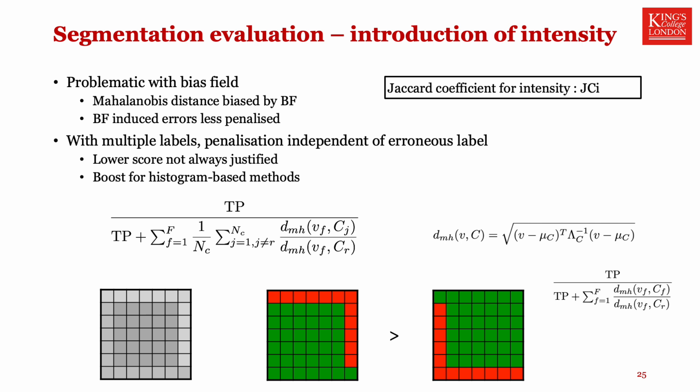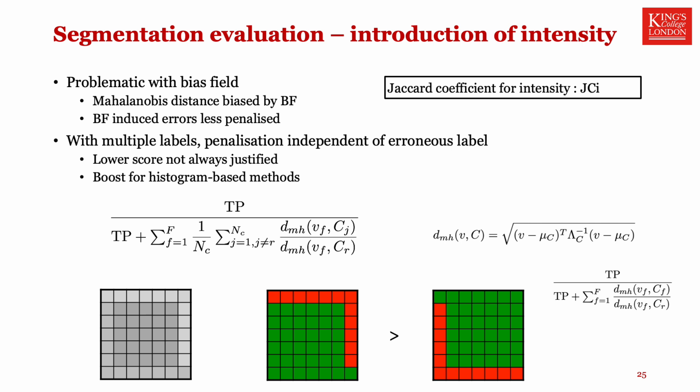So that's based on the Mahalanobis distance between the expected intensities of the segmented area and the samples that are erroneously classified.